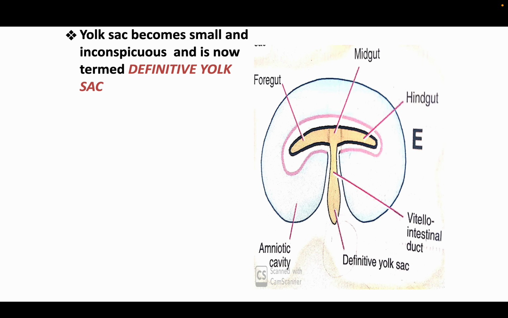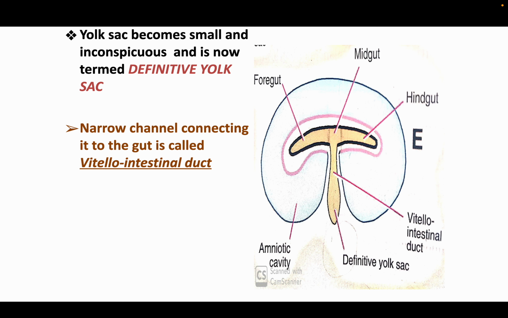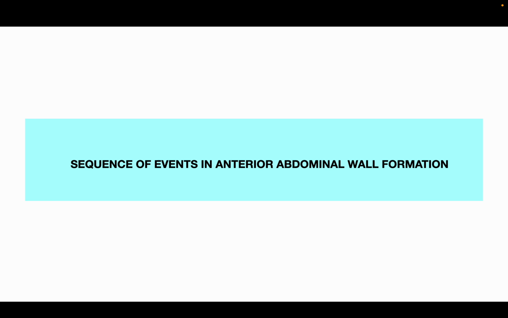Now the yolk sac becomes small and inconspicuous and is termed the definitive yolk sac. The narrow channel connecting it to the gut is called the vitello-intestinal duct. This is the basic structure which you should know before starting with the development of the GIT. Now, what is the sequence of events happening in the anterior abdominal wall formation?